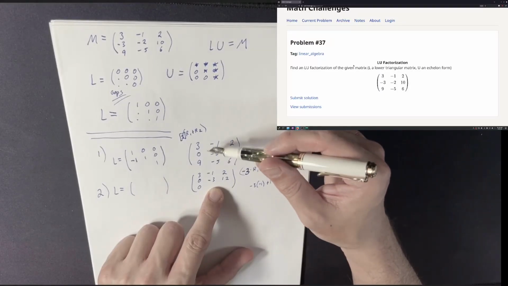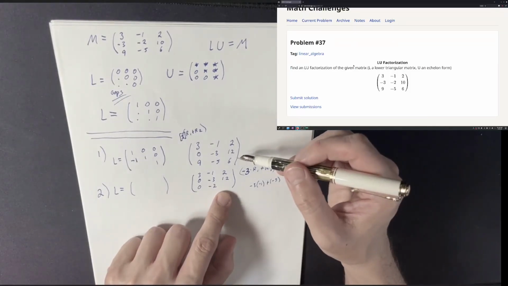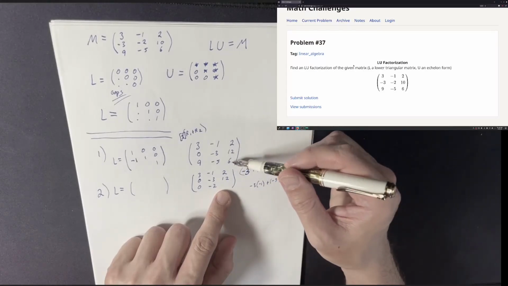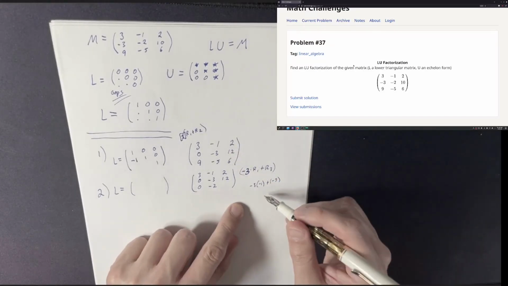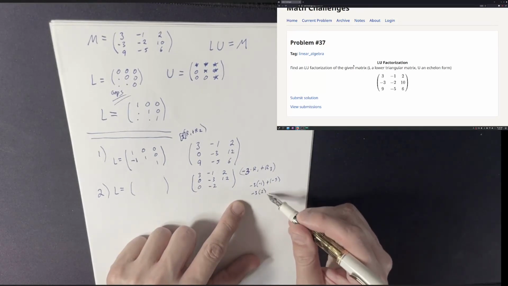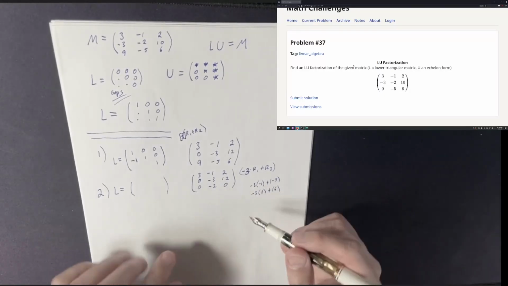So -5 plus 3 is like -2. And then 6 minus 3 of these, 6 minus 6. That last step was like -3 of the first row plus the third row. Anyway, happens to give you 0, coincidentally.